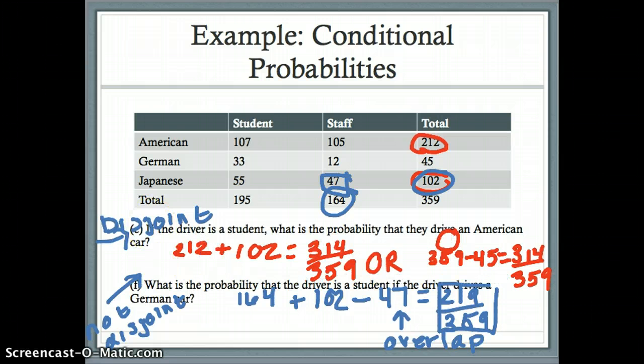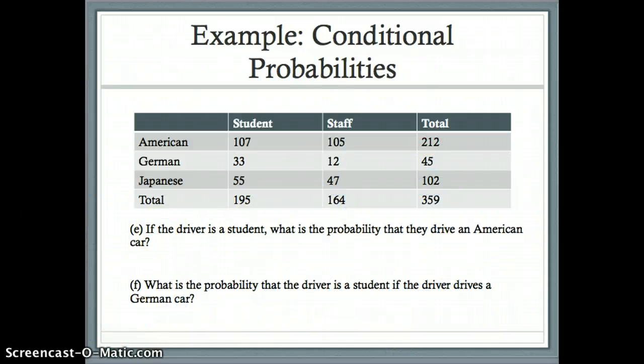Okay, and now last examples. We're going to get into our conditional probabilities. If the driver is a student, so here's your condition, what is the probability that they drive an American car?